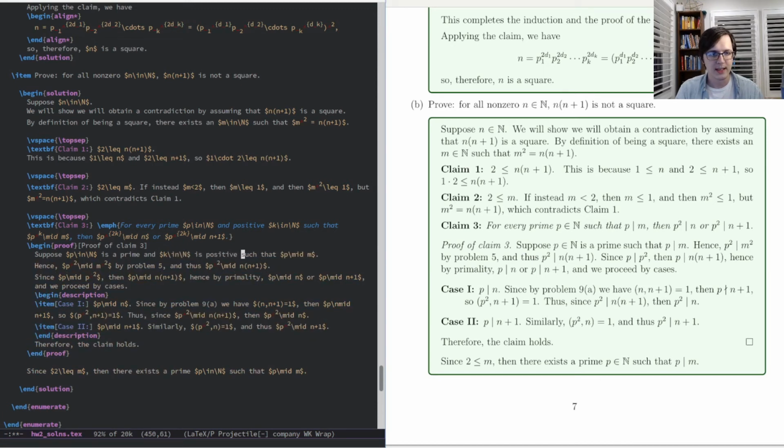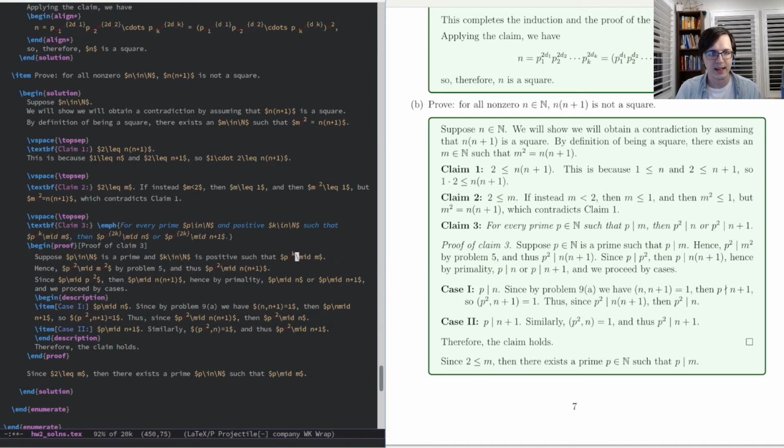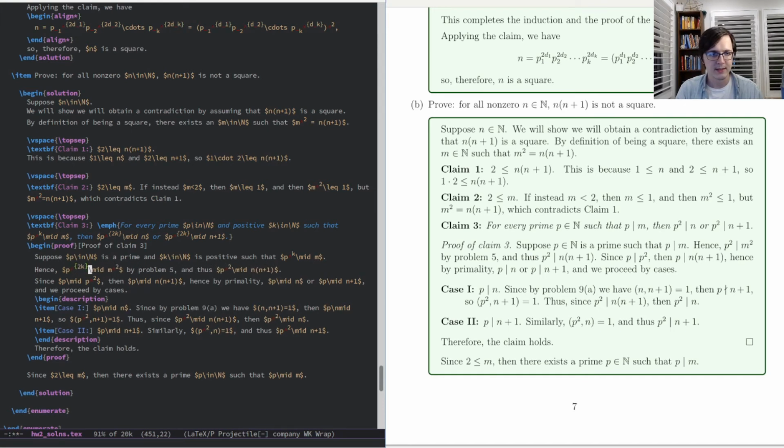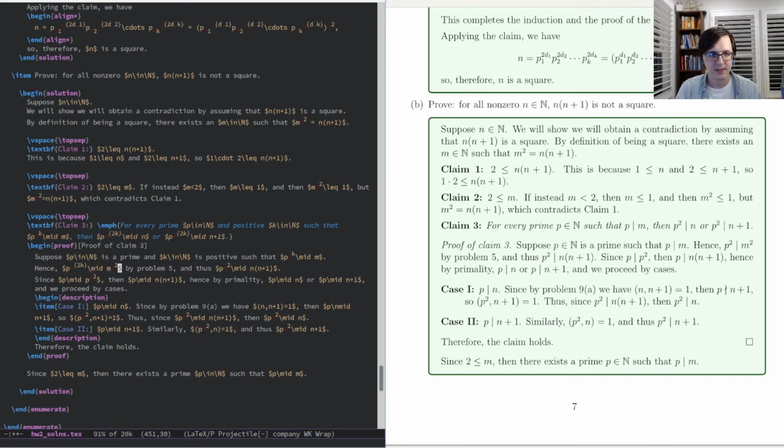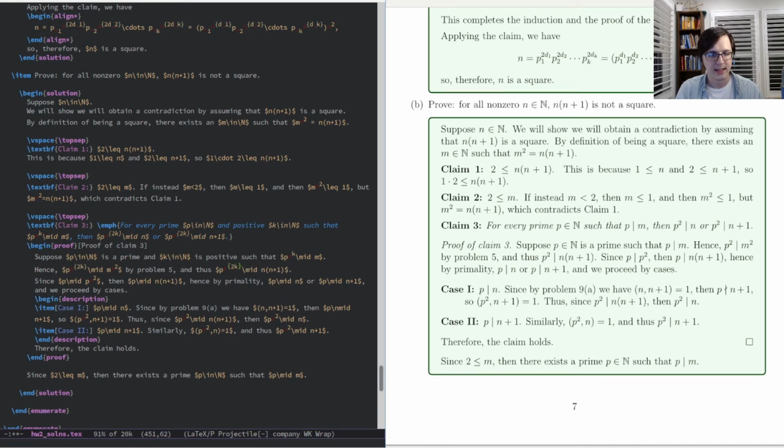So we have p and k such that p to the k divides m. Hence p to the 2k divides m squared, and so p to the 2k divides n times n plus 1.